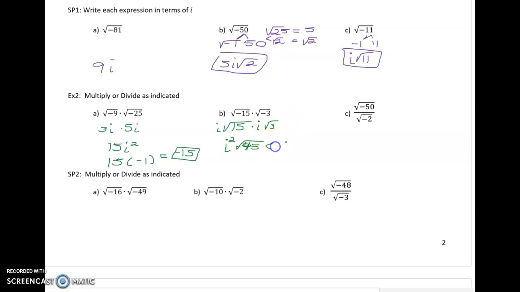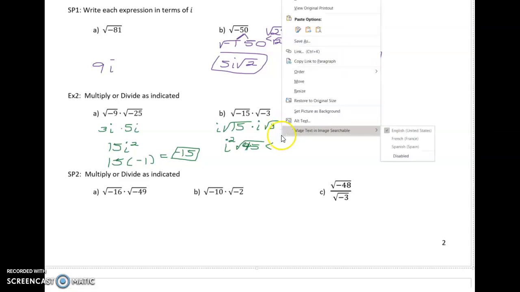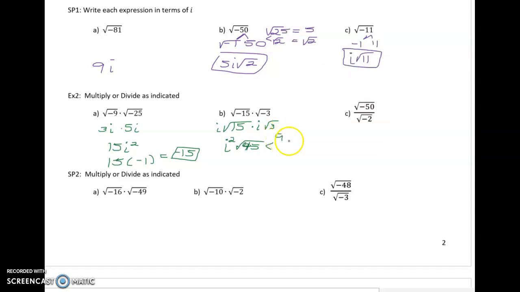Now 45, if we think about the perfect squares like 4, 9, 16, 25, 9 is a factor of 45 along with 5. So 9 times 5 is 45, and 9 happens to be a perfect square. So I can take the square root. The square root of 9 is just 3. So my final answer is 3i radical 5.